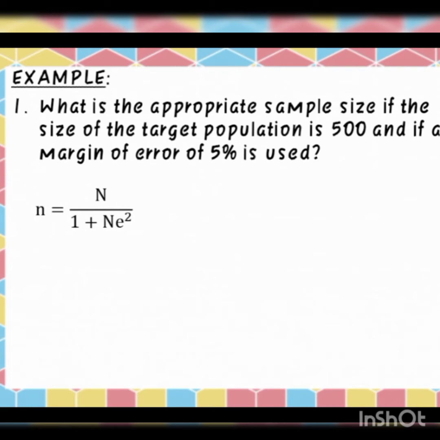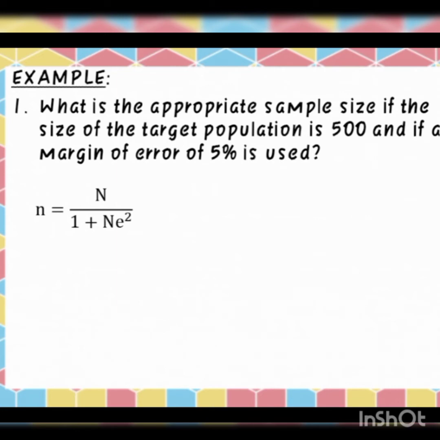Before that po, pag margin of error, kung napapansin nyo, percentage po siya. Pag nag-compute po kayo dito, using the Slovin's formula po, yung margin of error, ginagawa po siyang decimal. So we convert the percentage into decimal po. Di ba usually ang ginagawa natin from decimal, convert to percentage. Dito po, yung percentage, gagawin po natin decimal. Using the Slovin's formula, substitute lang po natin yung mga given data natin.